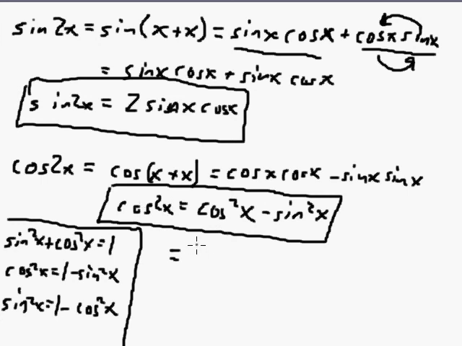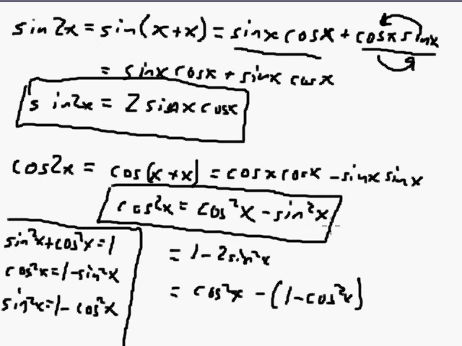Well, first of all, it turns it into 1 minus 2 sine squared x, because this cos squared x turns into 1 minus sine squared x. Now there's 2 of them. Or I can get, okay, this one I'm going to have to show. Cos squared x minus bracket 1 minus cos squared x.